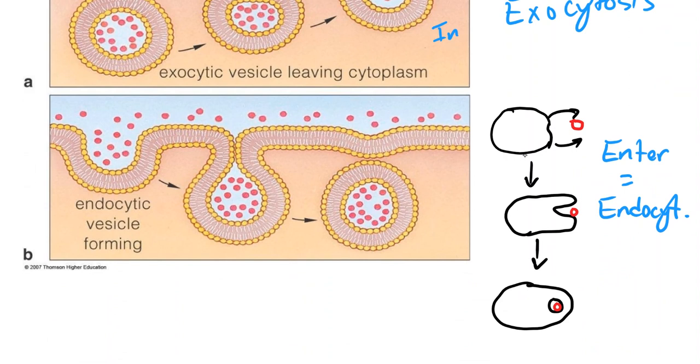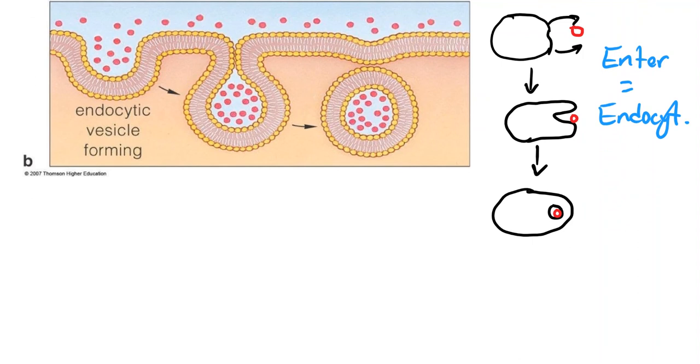It's just the cell either eating something or drinking something. Another way to think about exocytosis is like the cell, this is going to be gross, puking up something. So the cell has a vacuole in it, and the cell wants to get rid of it.